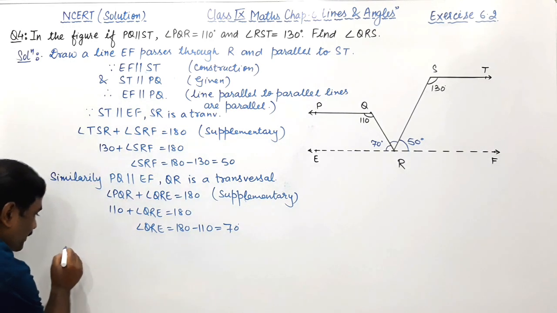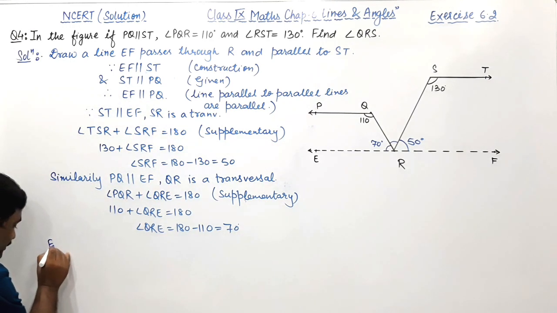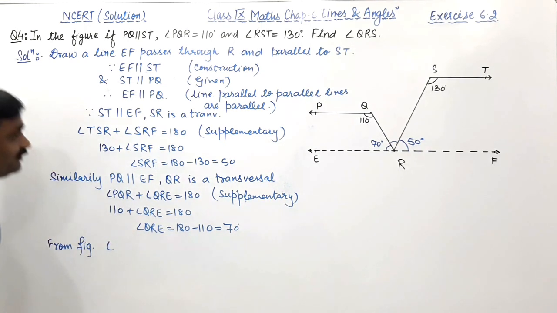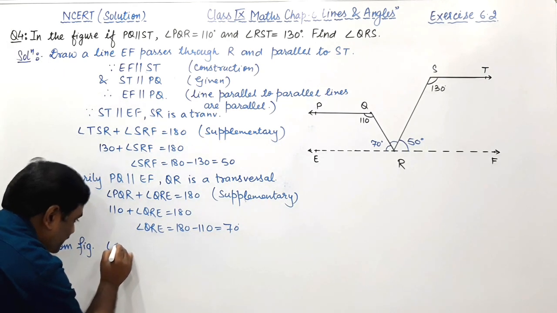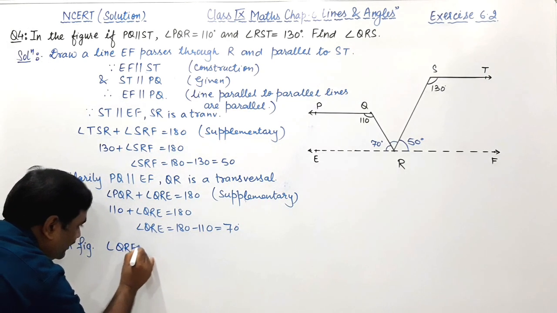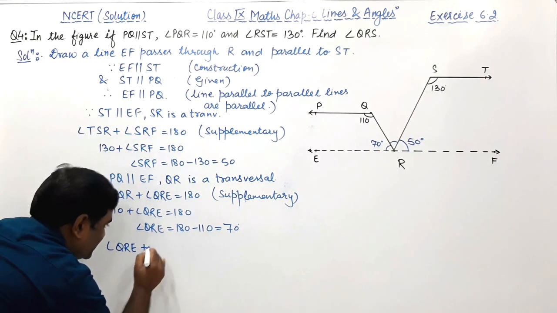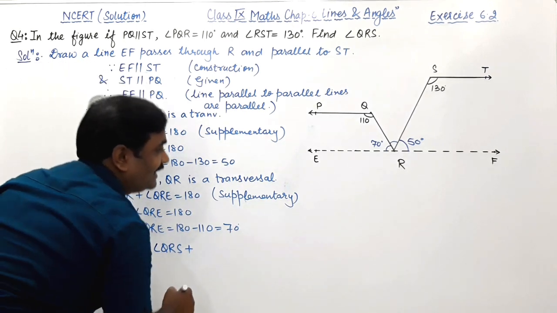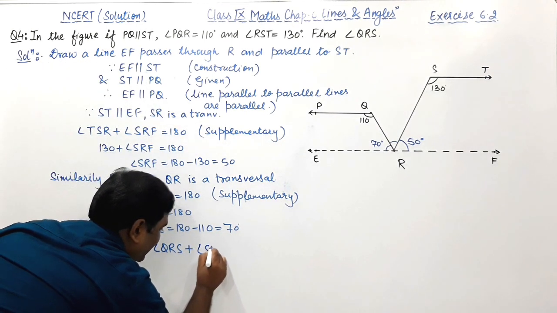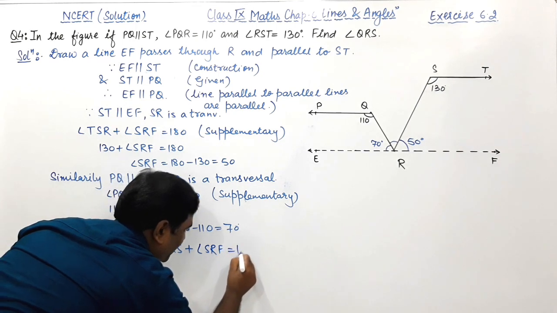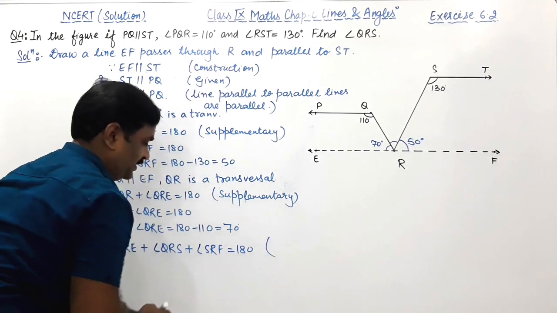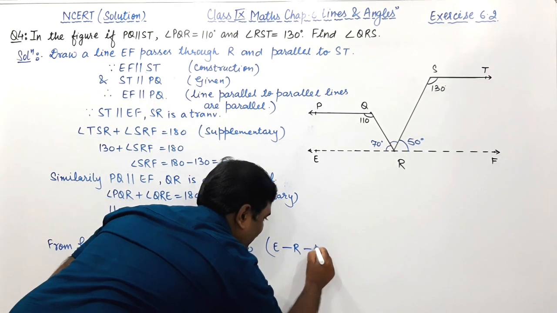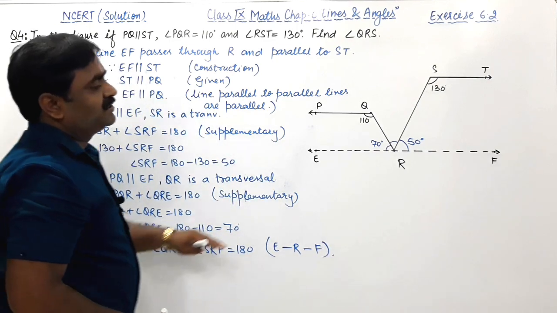From the figure, angle QRE plus angle QRS plus angle SRF equals 180 degrees. Because E, R and F are on a straight line.